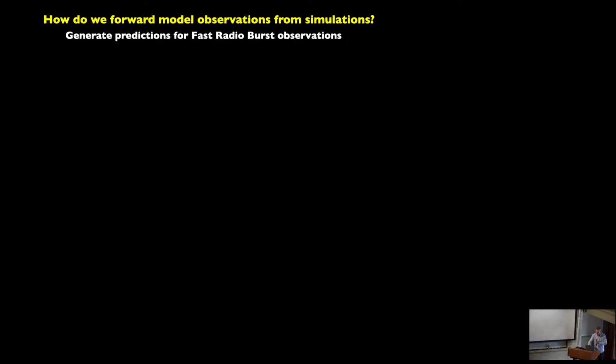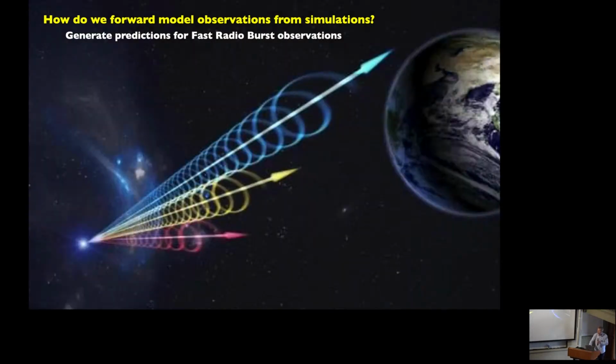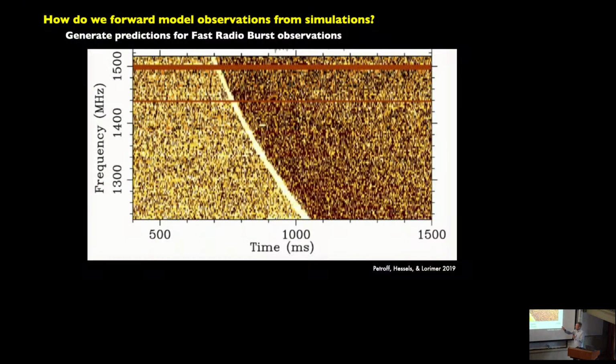And then finally, in a totally different vein, we can generate predictions for what fast radio burst observations should be able to see as well. I've been talking about traditional methods using ionization lines. But fast radio bursts, based on the delay in the arrival of different radio signals, tell us something about the free electron content along that pencil beam line of sight.